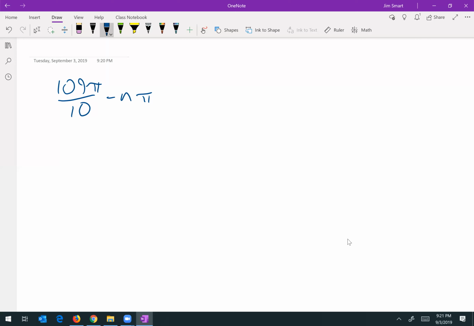Well, I can factor out the pi, and I can really look at it as I'm going to subtract something from 109 over 10. And when I get my answer, I want it to be between 0 and 2, because I want it to be between 0 and 2 pi.